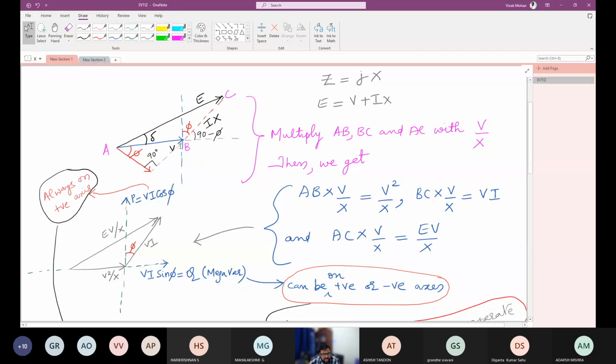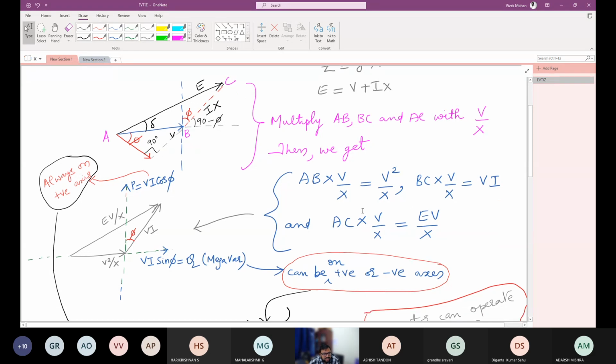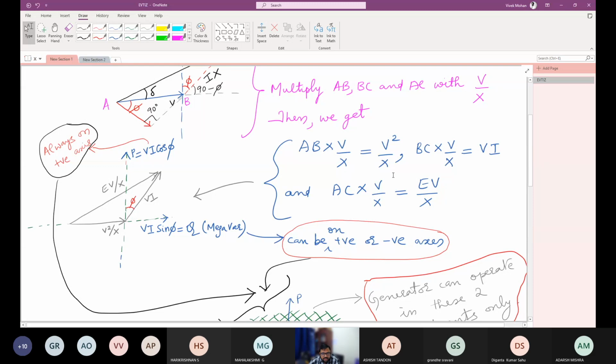What is AB into V by X? AB is V, so V into V by X will give you V squared by X. Now, what is BC into V by X? IX into V by X is VI, and AC into V by X will give you EV by X. So let's change the phasor diagram now in terms of this V squared by X, VI, and EV by X.